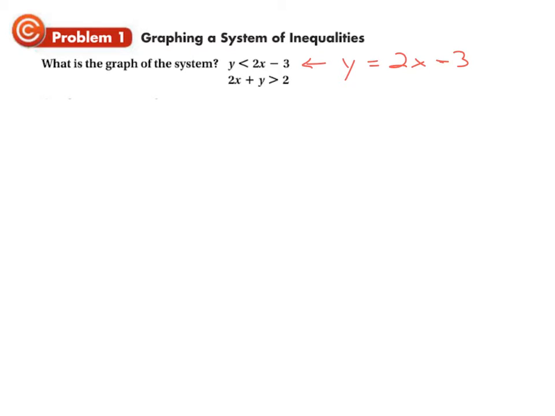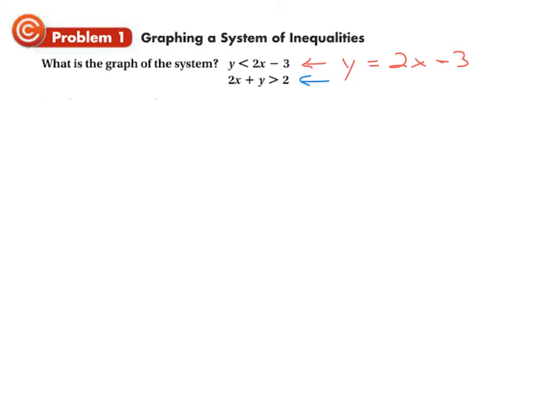Something like this, though, that I'm going to mark in here in blue, it's not written in slope-intercept form. And although we've learned how to graph standard form equations like this, if you graph that, you won't know whether you're graphing above the line or below the line, because it doesn't say y is greater than or y is less than. So what can you do in that situation?